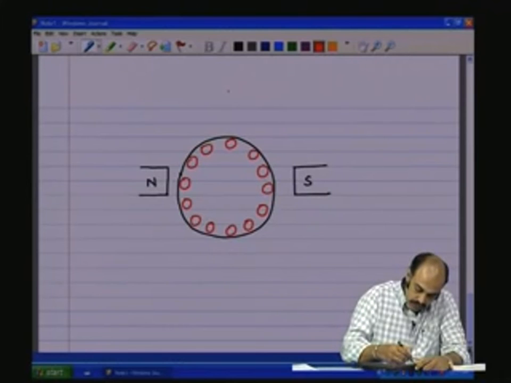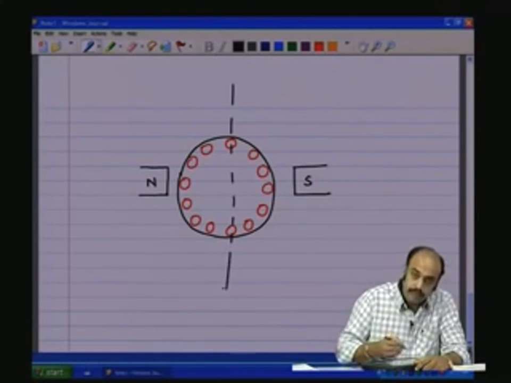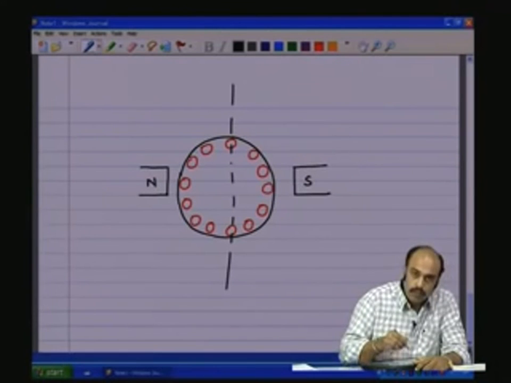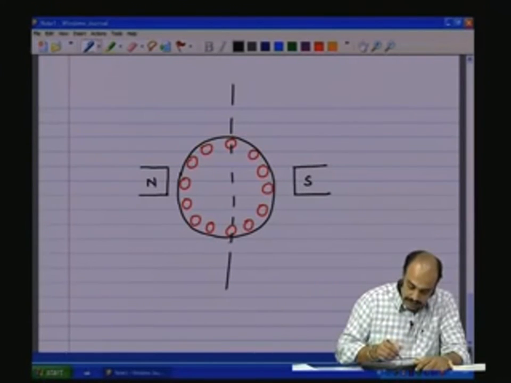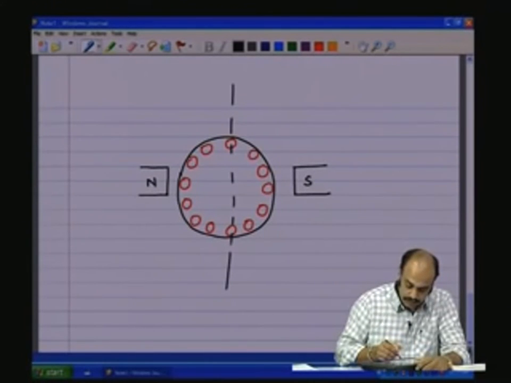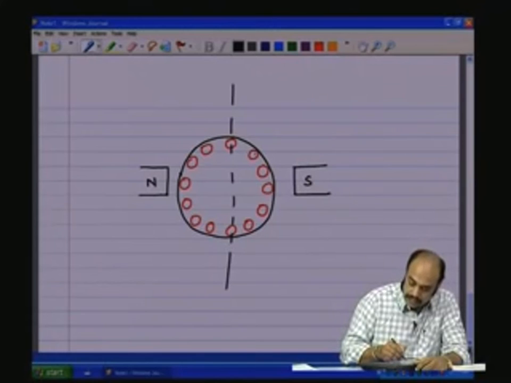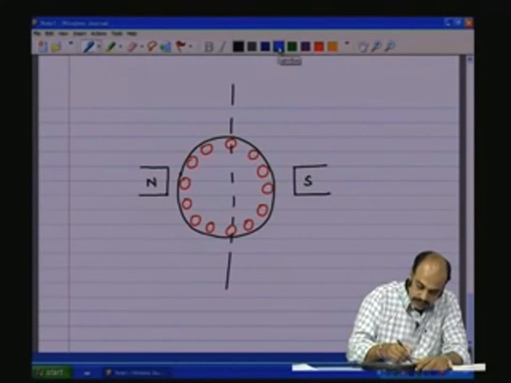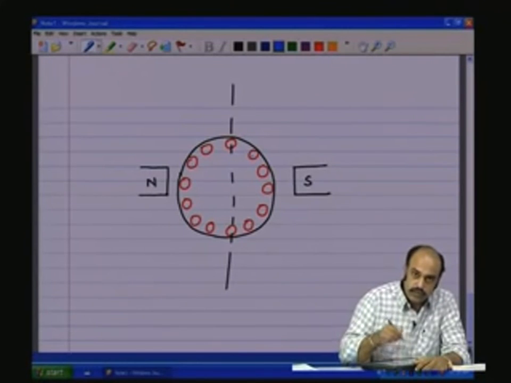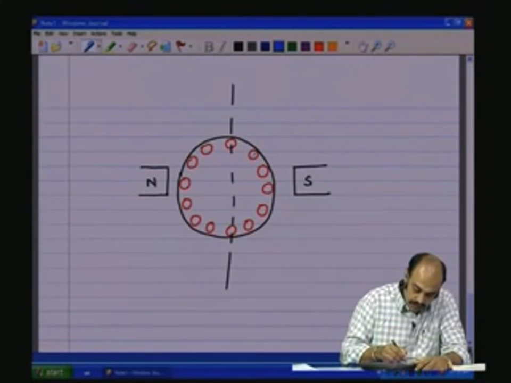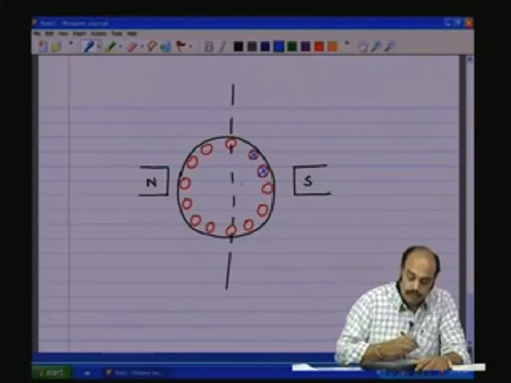So, at a given instant of time, now this is the neutral zone, this is the neutral zone. There is no voltage being induced on this conductor and this conductor, so there is no current flow. Now, let us say there is a current flow in this conductor, and let us say it is going into the board, and because it is away from the neutral zone, there is going to be a current flowing in here.